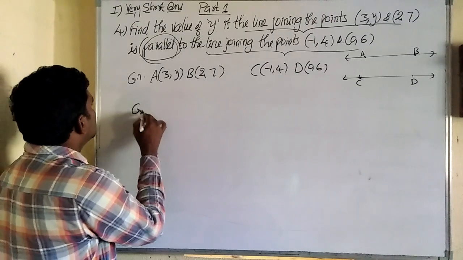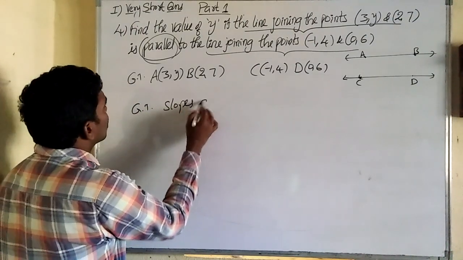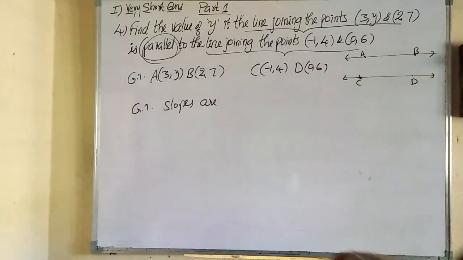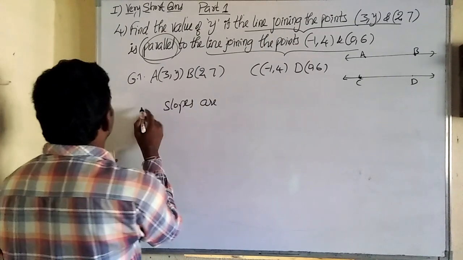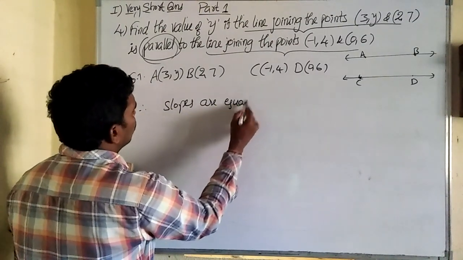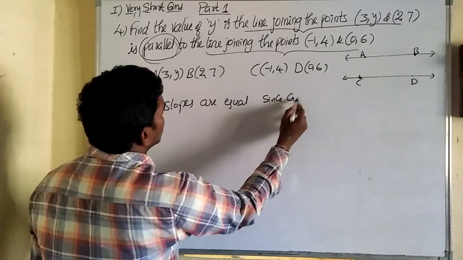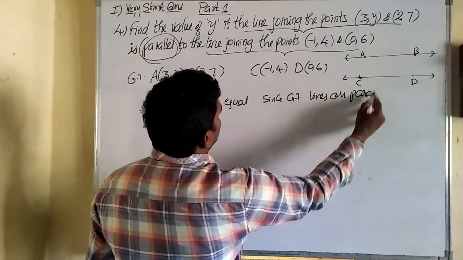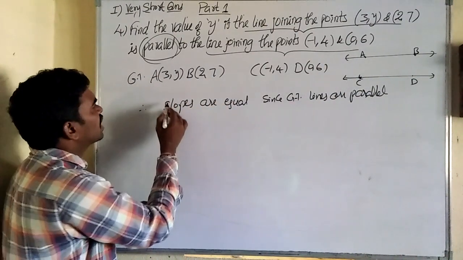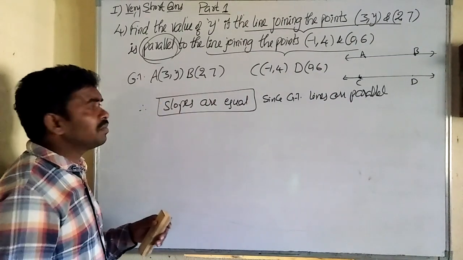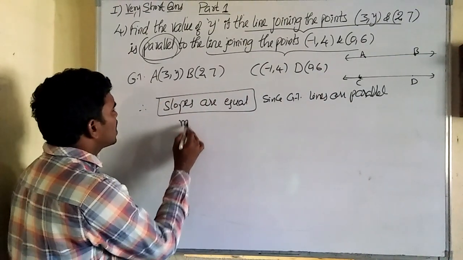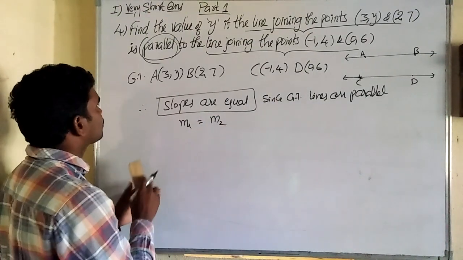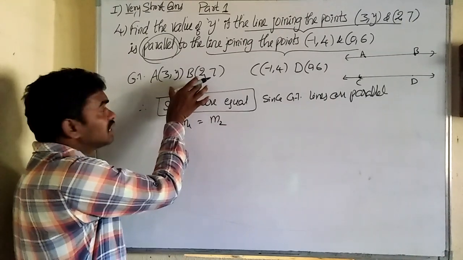Therefore slopes are equal. Why am I writing this? Since the lines are given as parallel, that's why I am taking slopes are equal, m1 equal to m2. For the first line segment, what is m1?